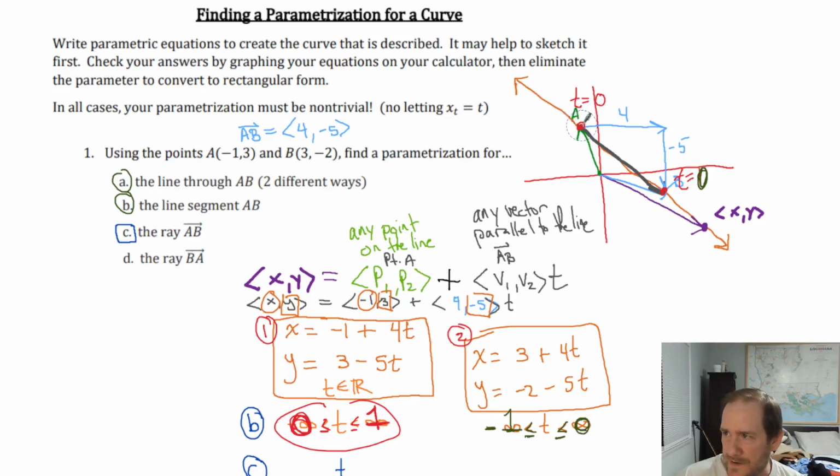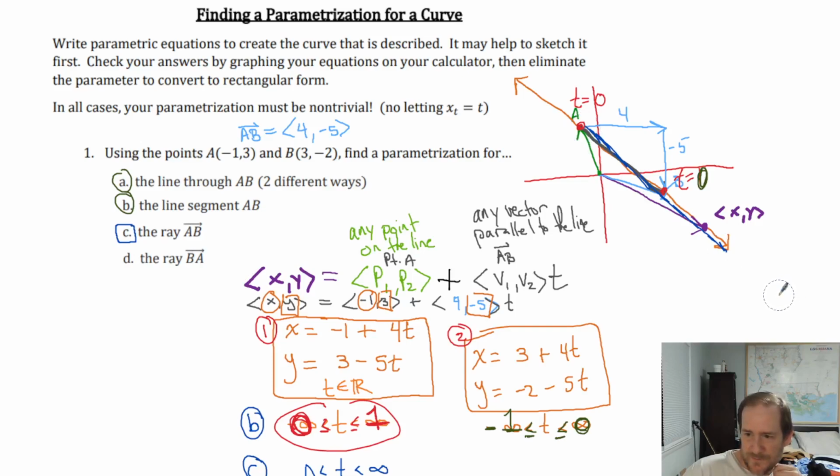I think we're beating a dead horse talking about A being the point associated with time 0. If you want the ray that starts from A, you're probably going to let t start from time 0. Hope that's obvious. And if you want all the points on the right side of A, then we're back to just letting t go all the way to infinity, right?